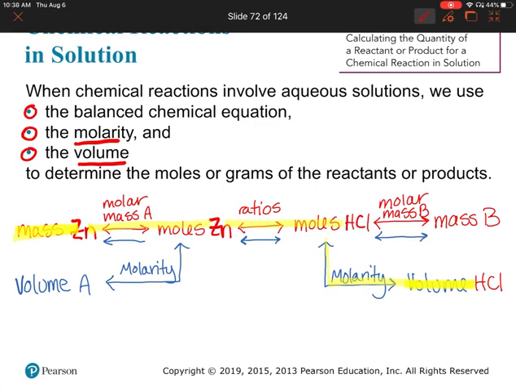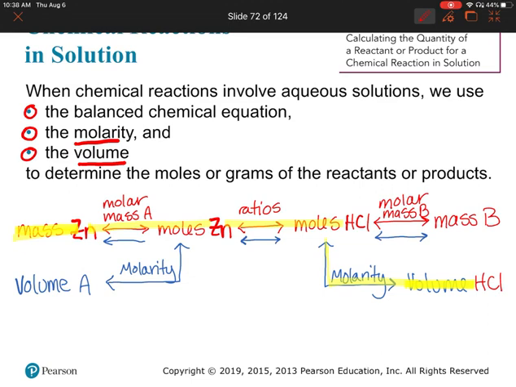Hopefully this flowchart helps a little bit with organizing your plan of attack on this problem. And you can use this flowchart for any of the problems we do. Let's say you were just trying to convert from moles of zinc to moles of hydrochloric acid.